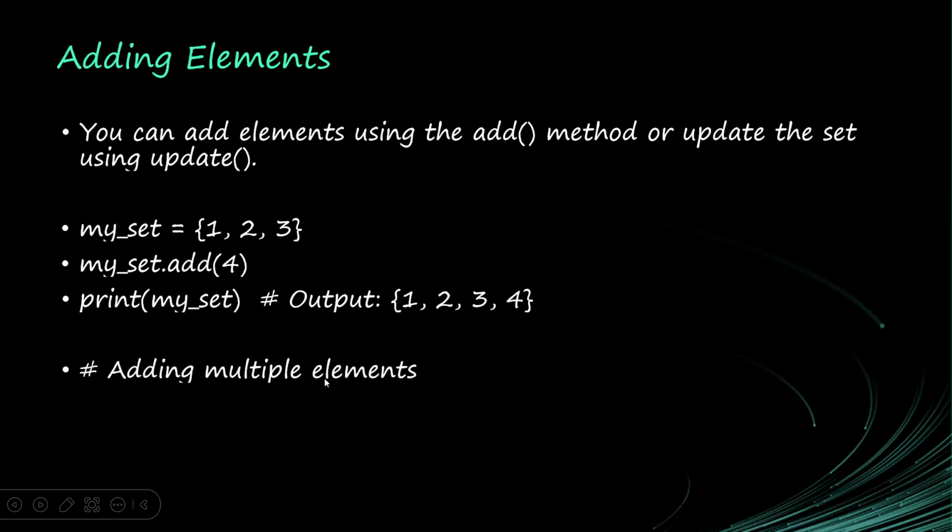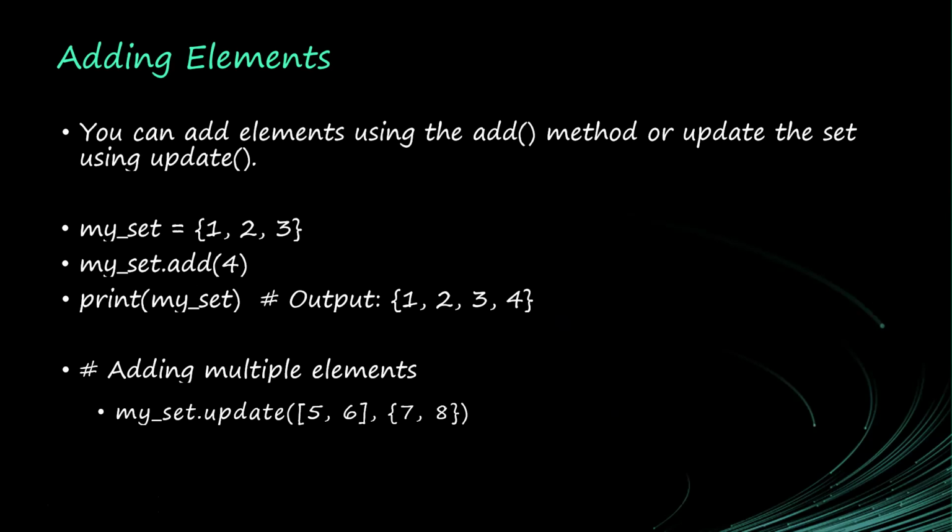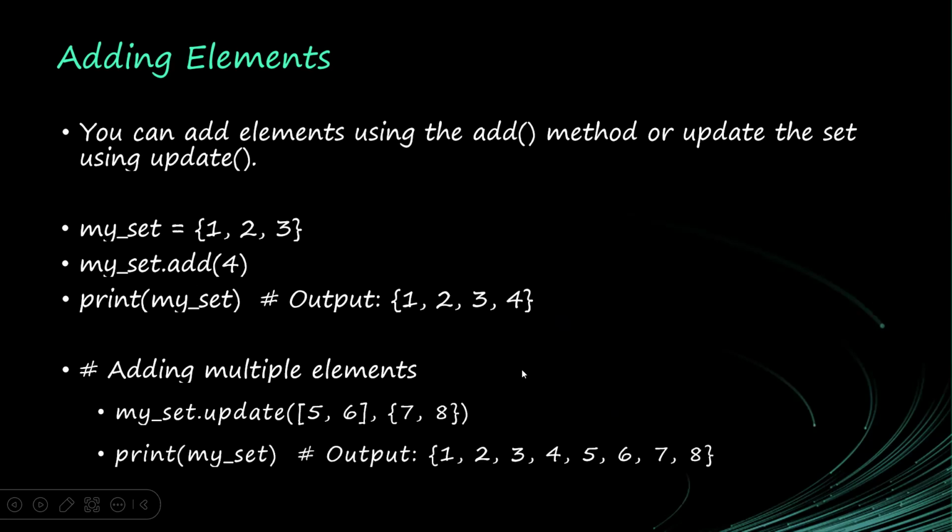Then if I also want to add multiple elements, now you would say we already said that sets don't take mutable elements, and we are having a list here, and we're also having another set here. Now the thing is this: if you call the update method and pass in these objects here, look at what is going to happen.